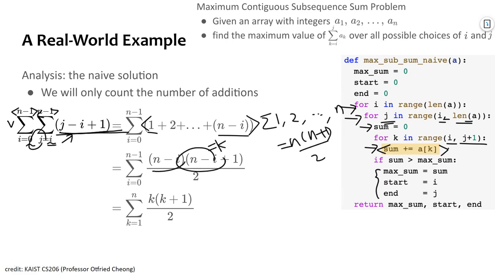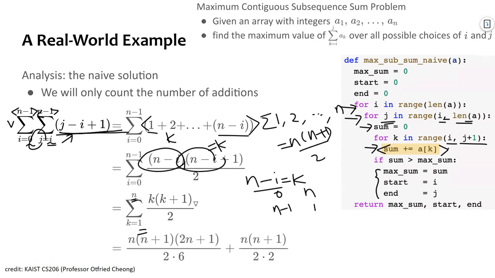So n minus i becomes k. Then k changes from 1 to n, right? Because i changes from 0 to n minus 1, if we put these two numbers here, then k changes from n to 1. So we are just reversing the order of addition, and then we can say k changes from 1 to n, right?